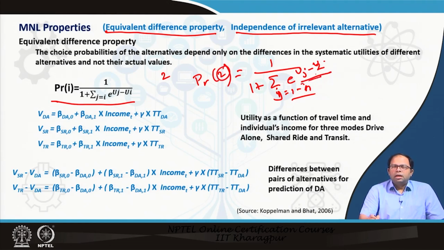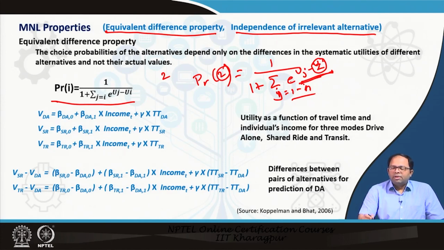Basically what it means is that if I choose one category as a reference category, the difference between this category and all other categories is the one that we are considering. So whenever we are developing a multinomial logit model, we always determine the probability of one mode in reference to another mode.